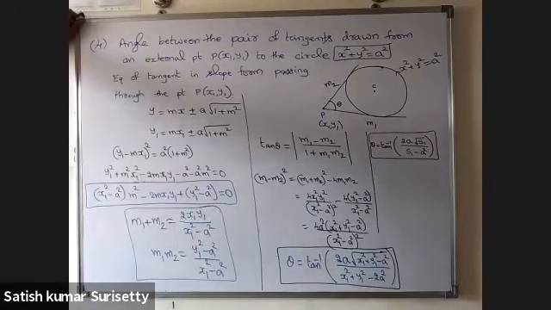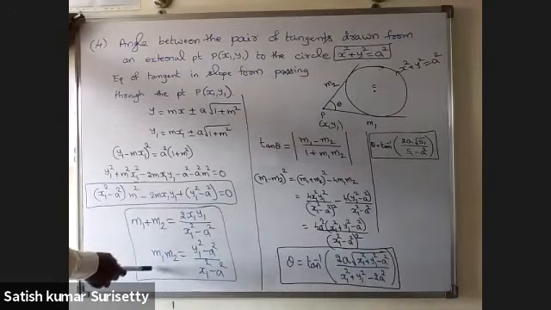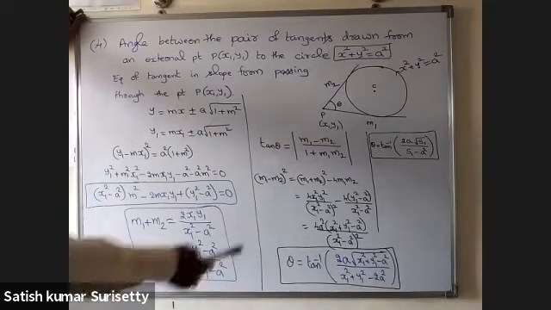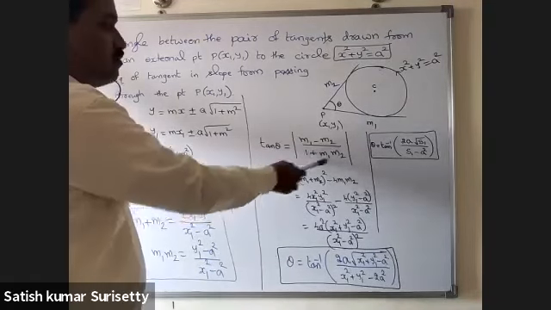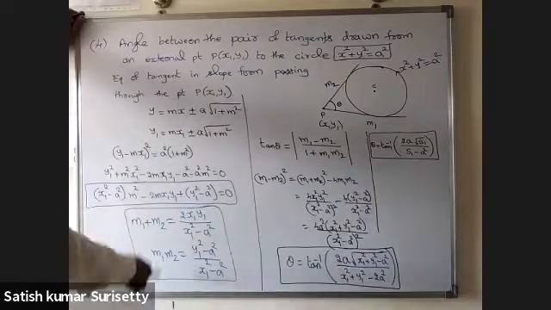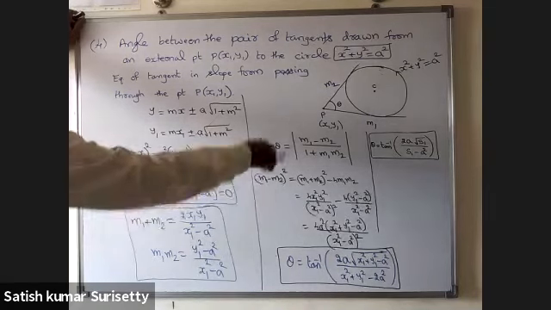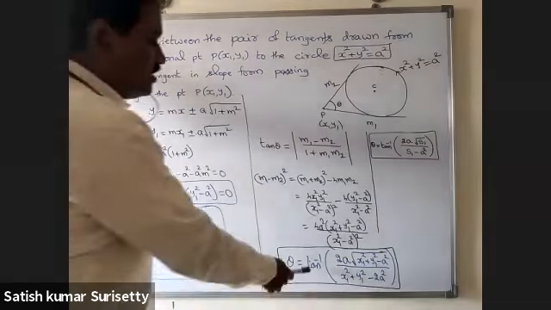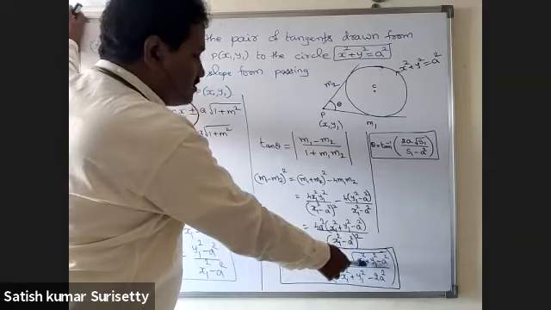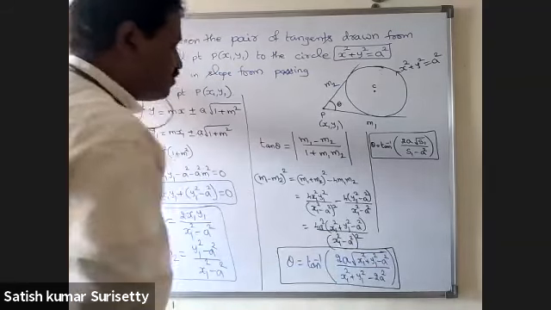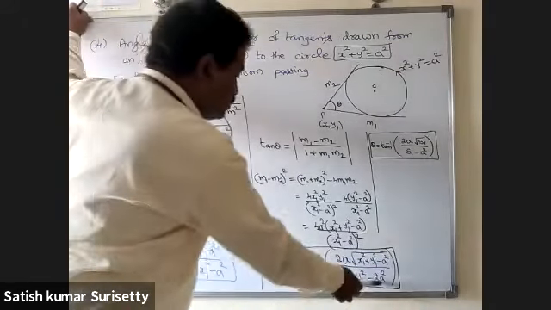Then we can get a quadratic in terms of m, and then we can write m1 plus m2 and m1 m2, and tan theta equal to modulus of (m1 minus m2) upon (1 plus m1 m2). From this quadratic equation, we can calculate m1 minus m2. Then the formula becomes: angle between the pair of tangents is tan inverse of 2a root of (x1 square plus y1 square minus a square) upon (x1 square plus y1 square minus 2a square).